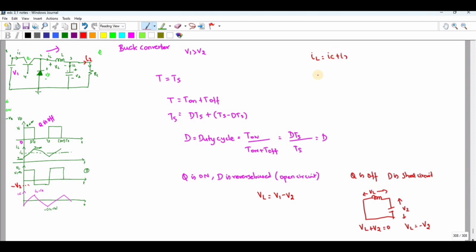So the current across the capacitance is IL minus I2. When it discharges, it is minus of IL minus I2. This is the current across the capacitance.